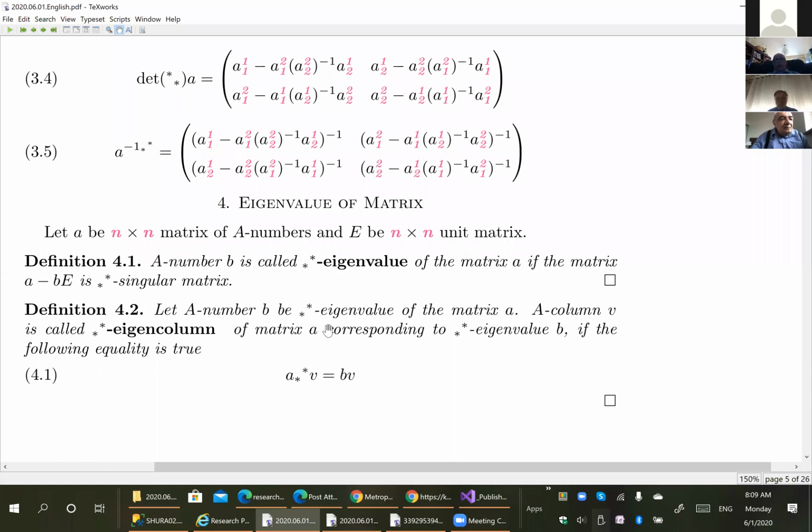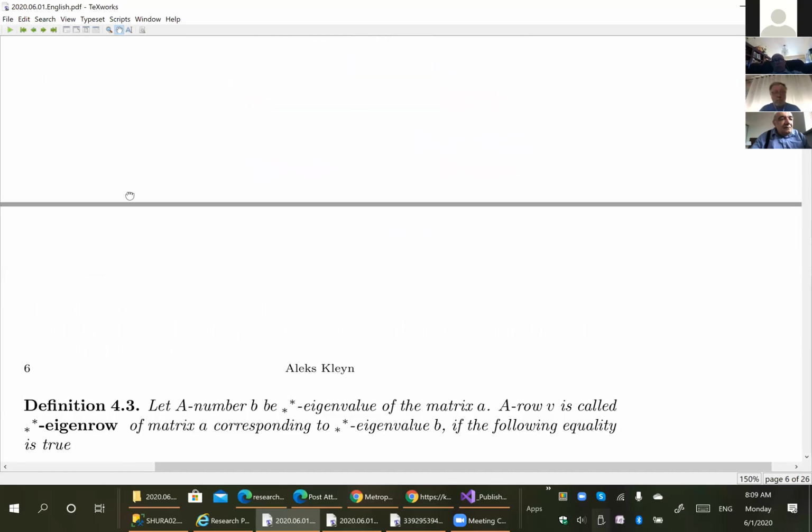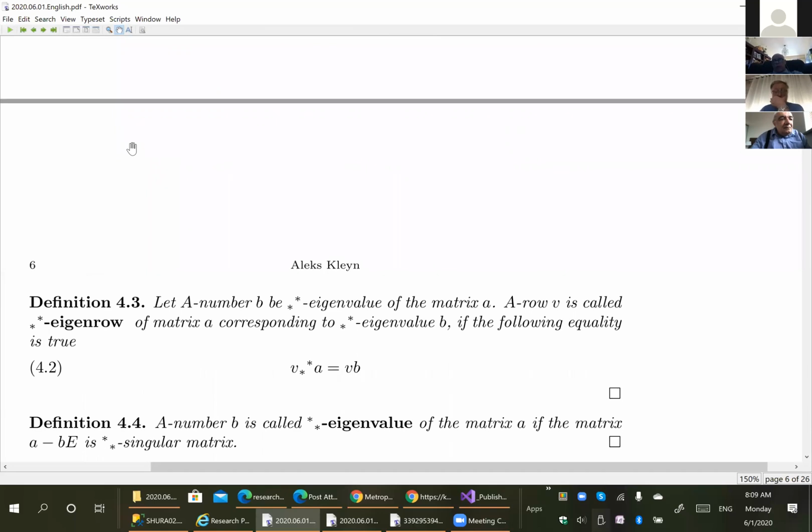And for the RC eigenvalue, I can use an eigen column vector, which is defined by this equality, because on the right side I use a column vector. If I take the product from the left side, this will be a row vector, so it will be an eigen row. I just make a distinction in the definition to make sure what type of vector, how I present the coordinates of the vector.